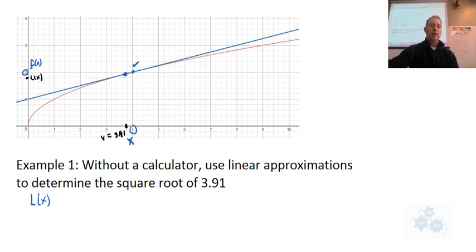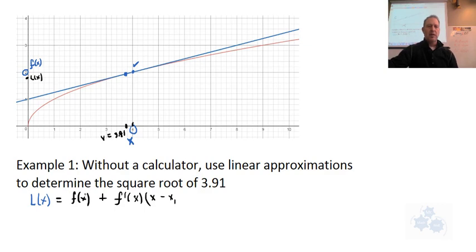So how do we find that? Well, we talked about this tangent line, and what we do for a tangent line is we take the y value that we're given, so that's f of x. We add to that the slope of the tangent line, that's f prime of x, evaluated at, in this case it's going to be 4, but let's just put x for now. Then we multiply this by, so that's rise over run, the difference between 4 and our estimated value, so it's going to be x minus x1.